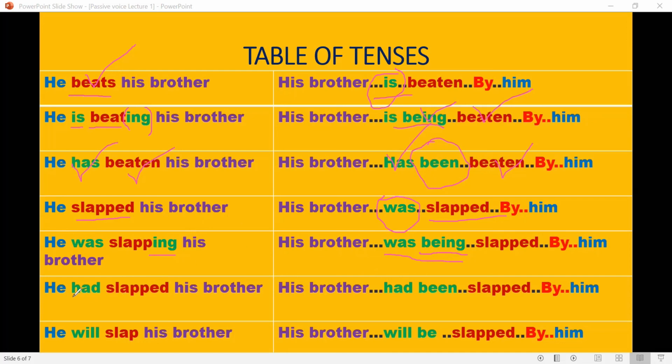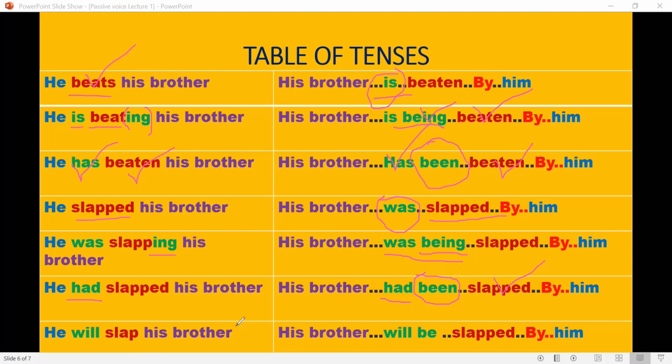He had slapped. This third form. So how will we come to know? Had and had, we add been in passive voice of perfect, whether it is perfect of present or past. In present we use has been, in past we use had been.